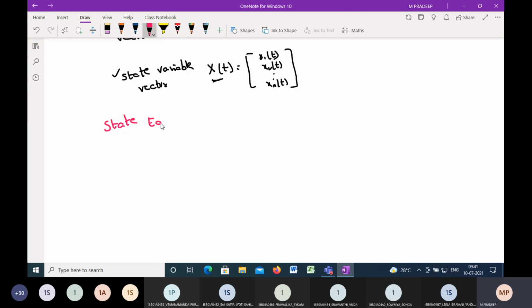In the next class we are going to see what is meant by state equations, and what the different state models are for linear time variant and linear time invariant systems.